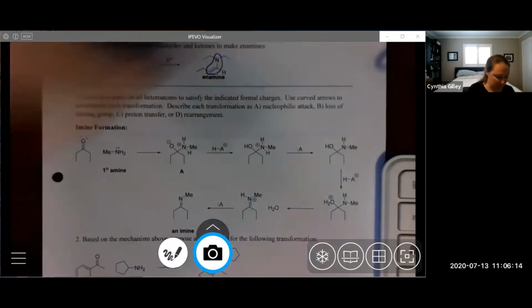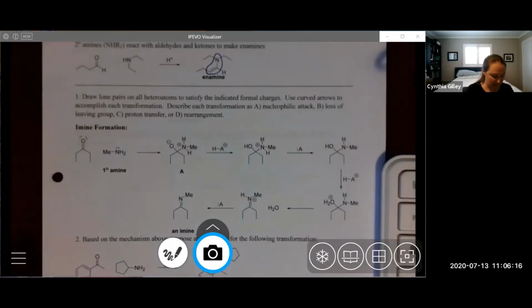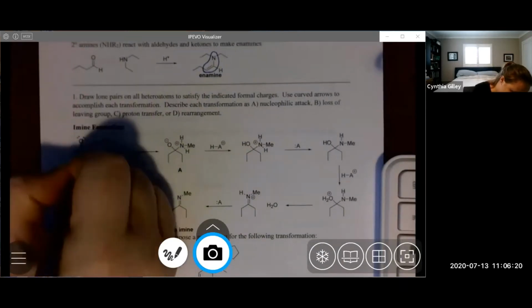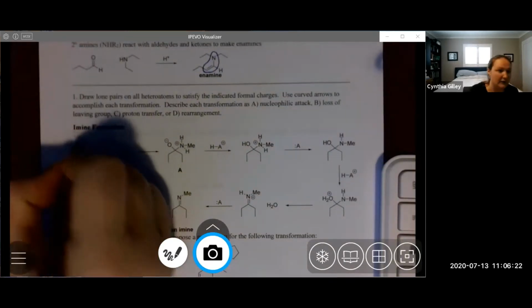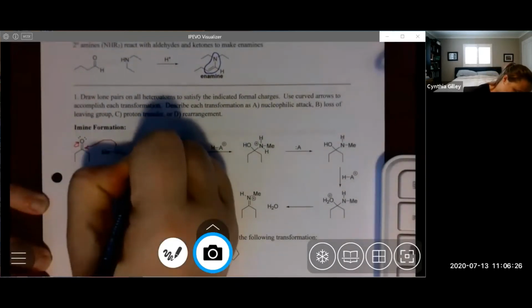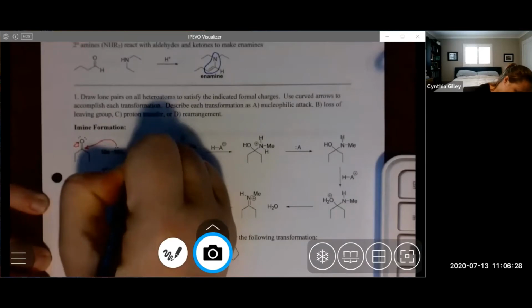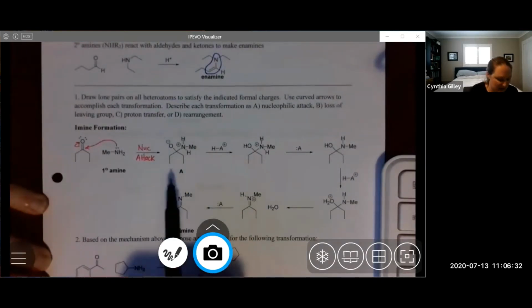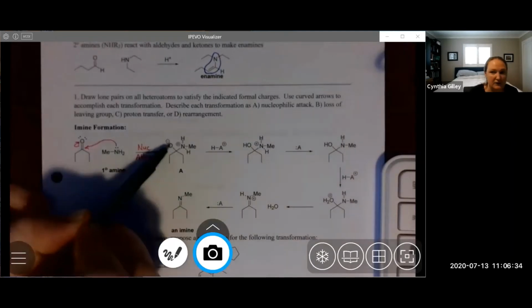So instead of protonating the carbonyl first, we're going to do a nucleophilic attack first. The amine does the nucleophilic attack on the carbonyl carbon, and that is unique because it generates intermediate A, which has an oxygen with a negative charge.